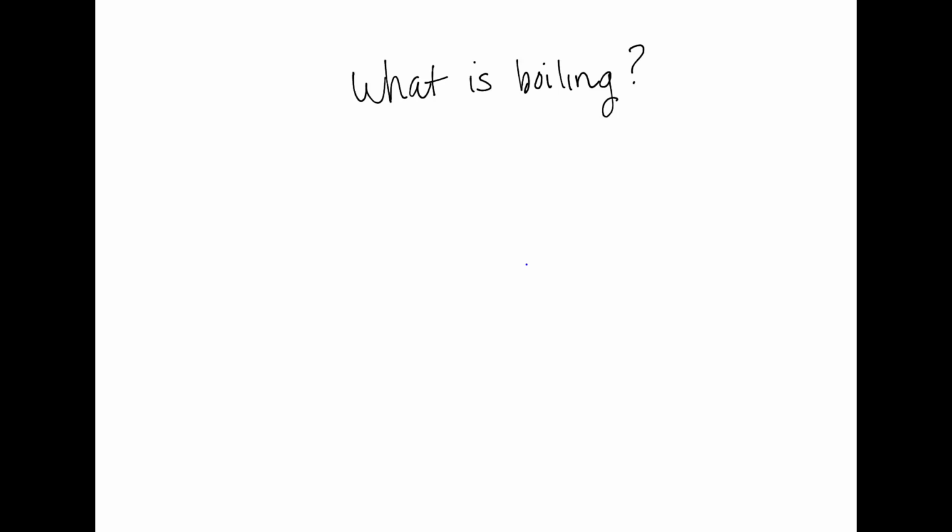Now, what I usually hear people say are things like they saw bubbles. Great, okay? Other people say that they saw steam. Some people say that they put a lid on and the lid started to rattle, like the bubbles were pushing the lid up.